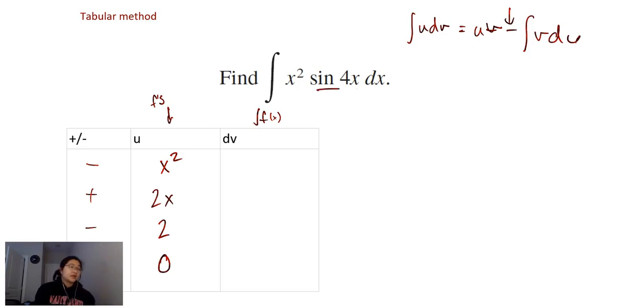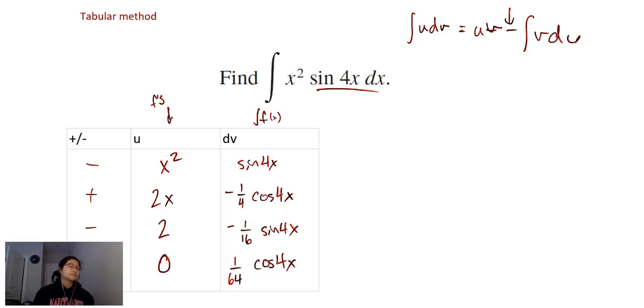And then our other part is sine 4x, so then you integrate going down. So it's negative 1/4 cosine 4x, and then this is going to be negative 1/16 sine of 4x, and then positive 1/64 cosine of 4x.